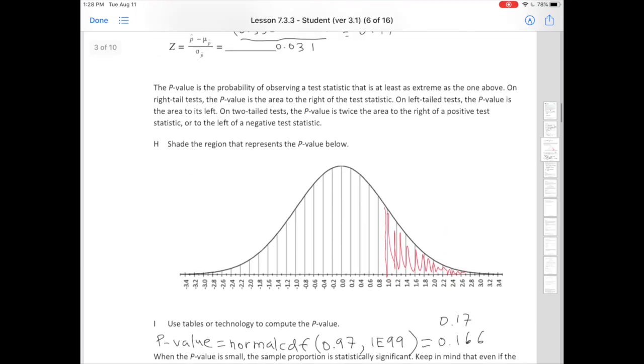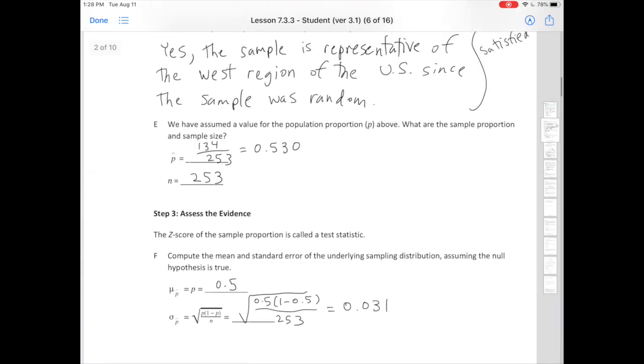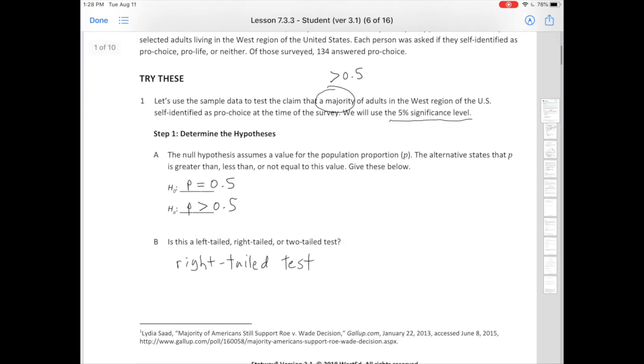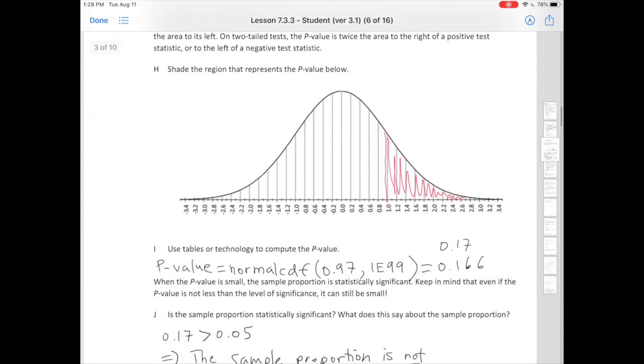So if we look at the alternative, it was that the majority of adults in the West region of the U.S. self-identified as pro-choice. So we do not accept that.